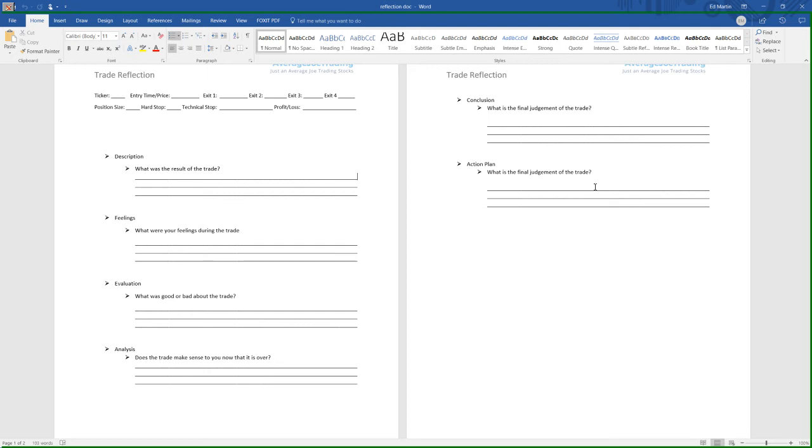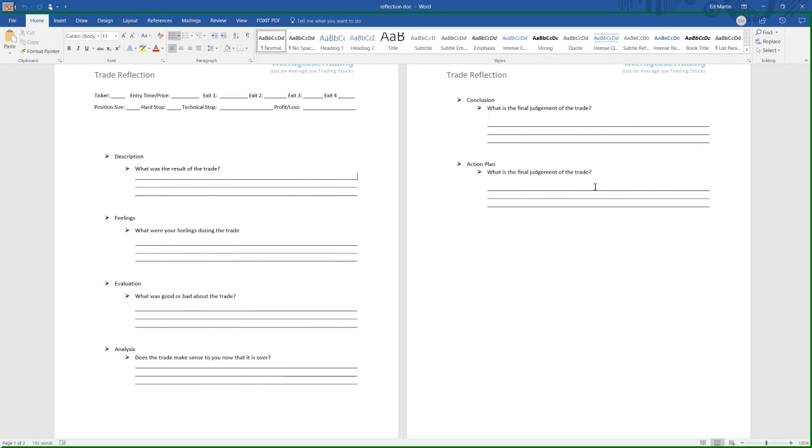If you do the reflection the right way, even though you make money, you will say that it was a bad trade. You broke your rules and it didn't work. A perfect example was STX yesterday.